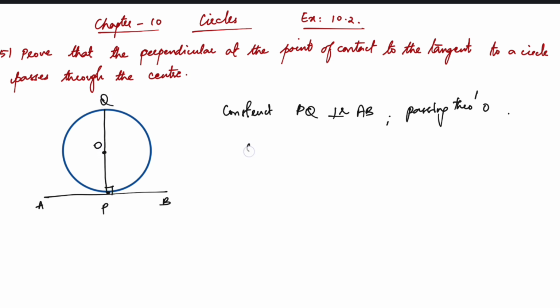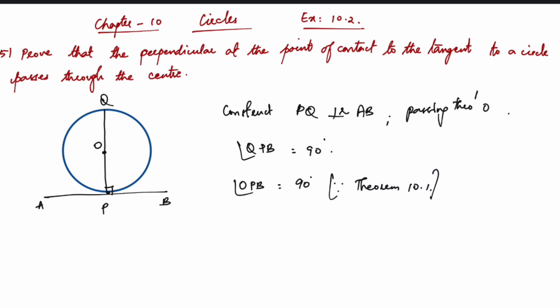We know angle QPB is equal to 90 degrees by our construction. We also know that angle OPB is equal to 90 degrees, since the radius of a circle is perpendicular to the tangent at the point of contact, theorem 10.1.